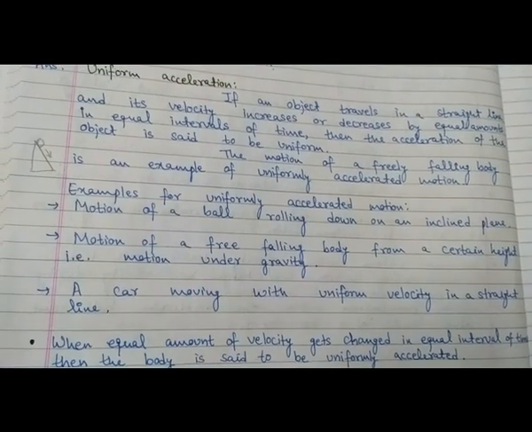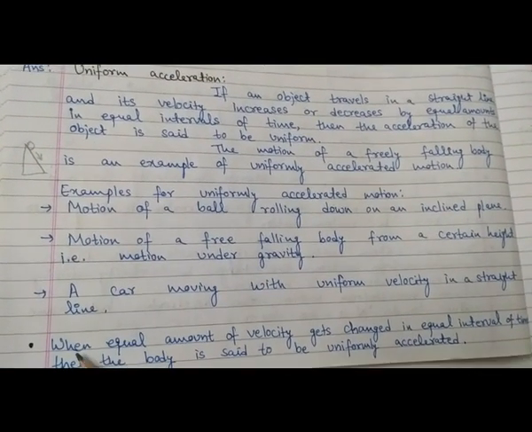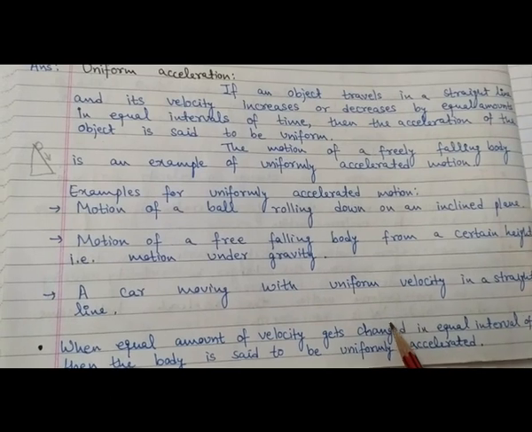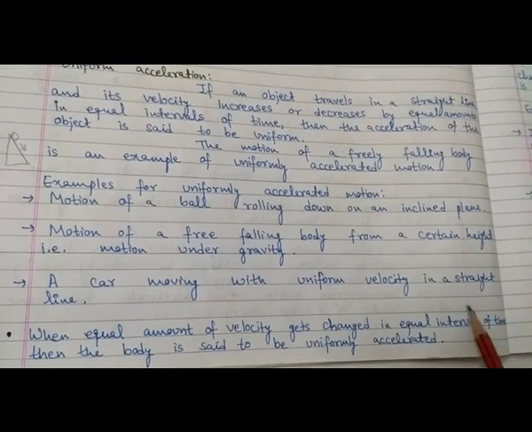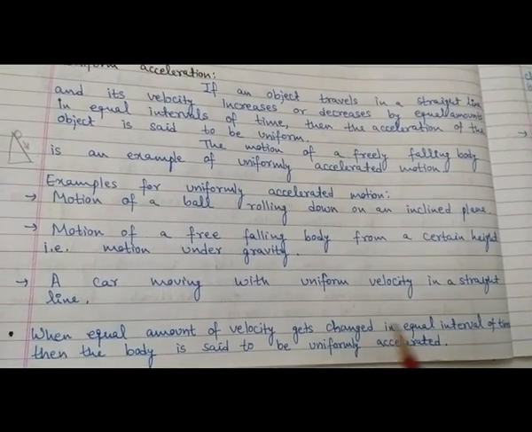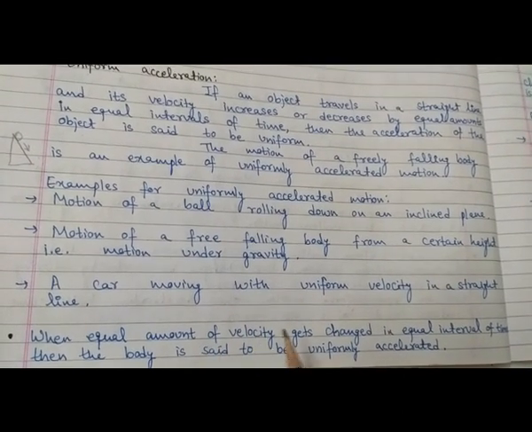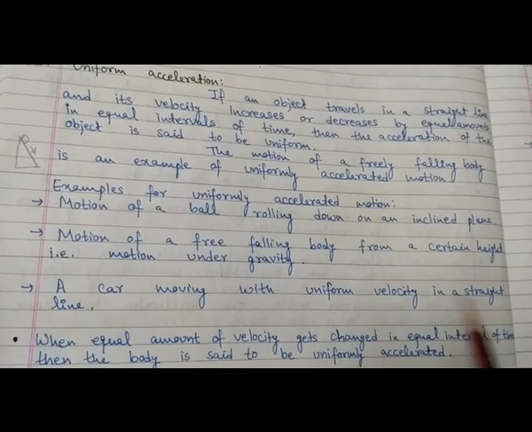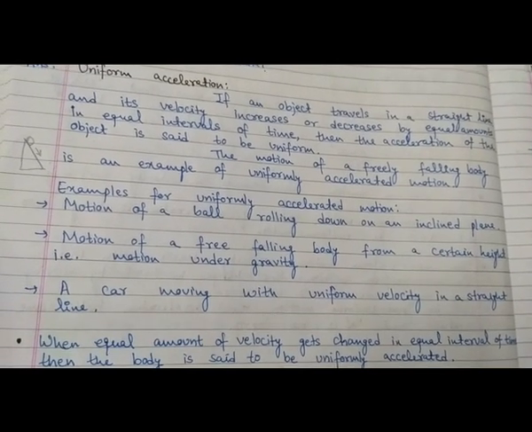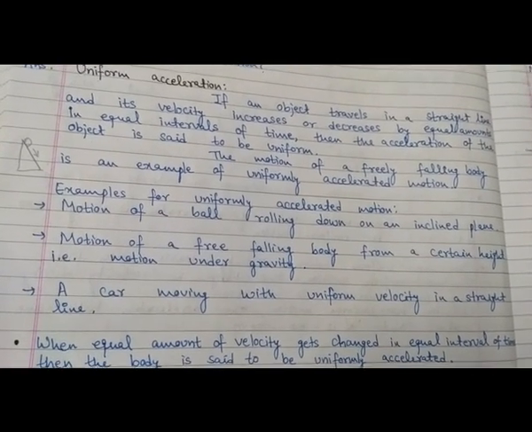You may opt for either of them. When an equal amount of velocity gets changed in equal interval of time, then the body is said to be uniformly accelerated. There should be an equal amount of velocity change in equal interval of time. Then the body will be called uniformly accelerated.